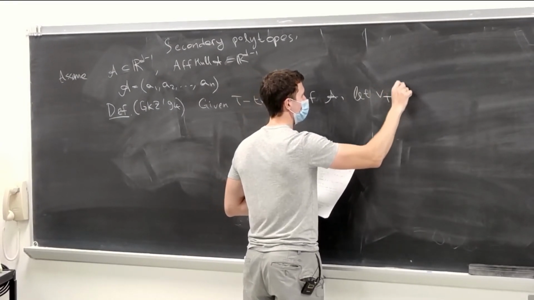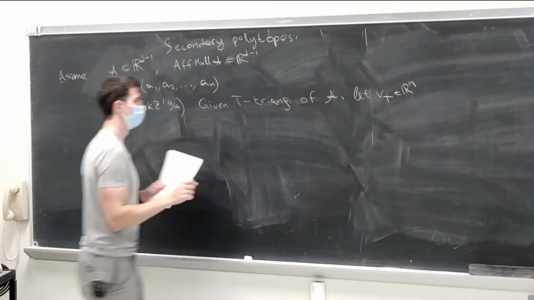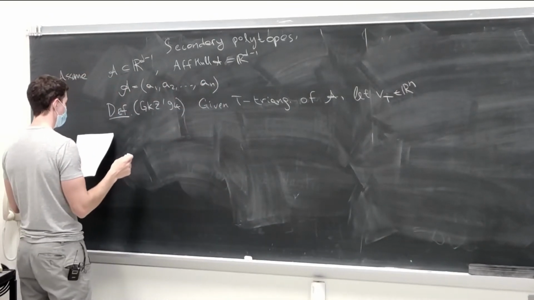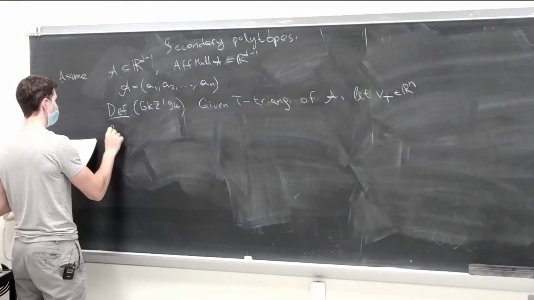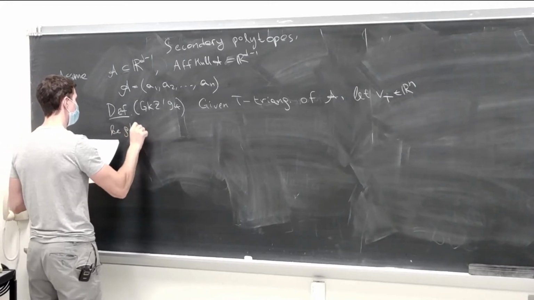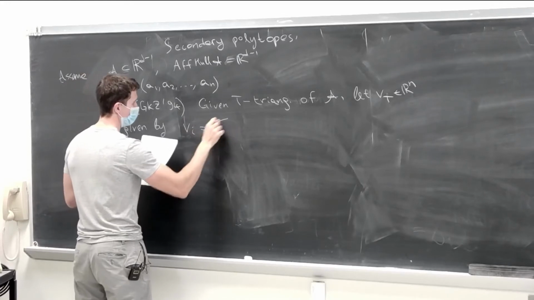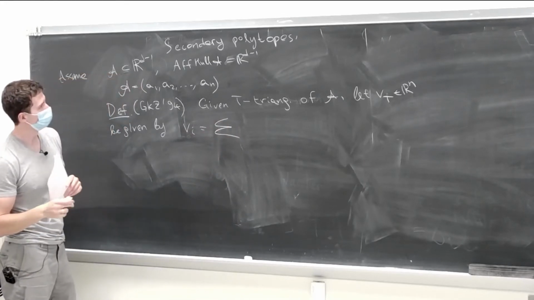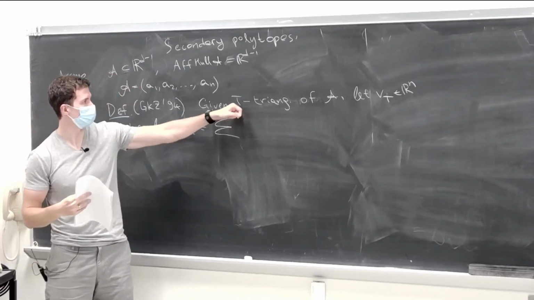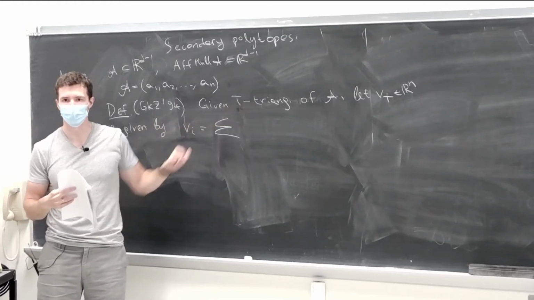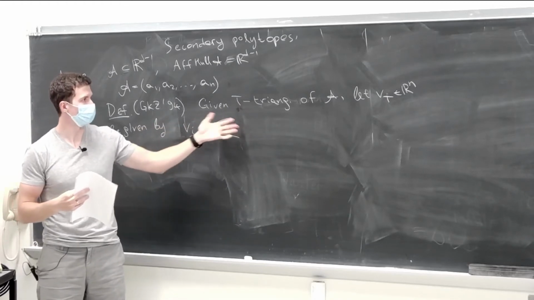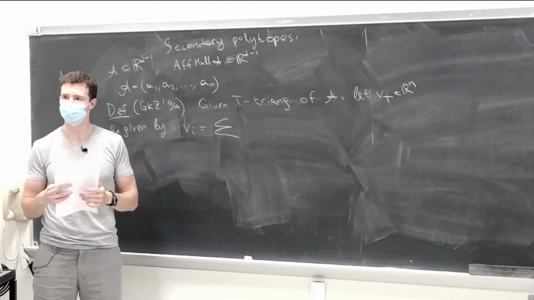This is going to be very similar to what we did for polygons. Let v_T be given by... you can even guess what's going to happen. A triangulation is a bunch of simplices. What should go here? Somebody can guess.